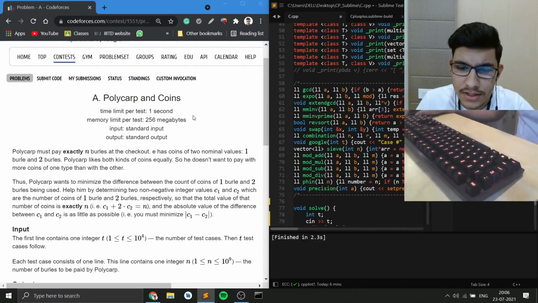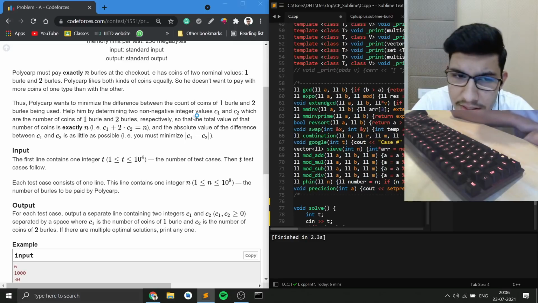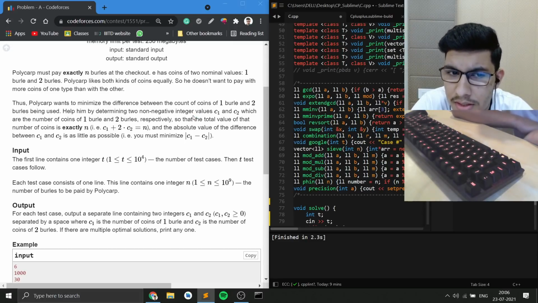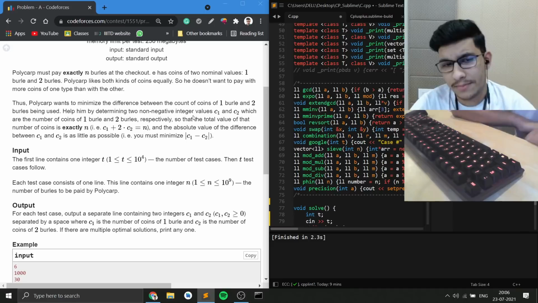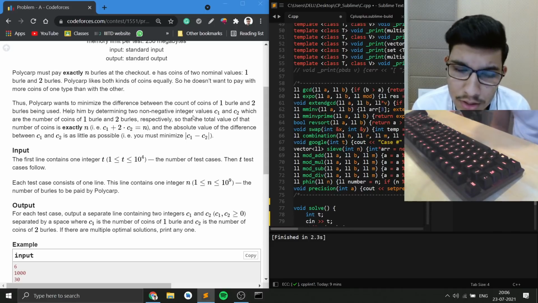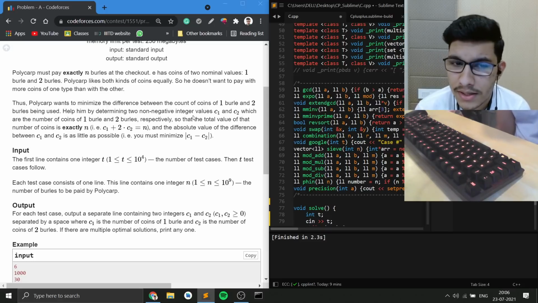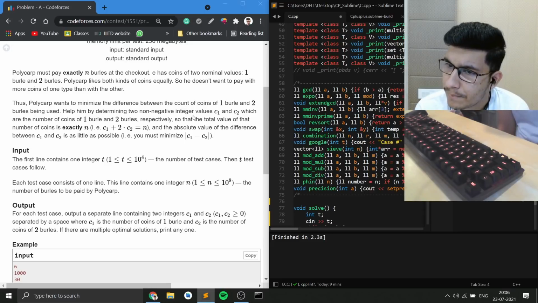So let's say the difference between them is x. If c1 is greater than c2 by x, then c1 equals c2 plus x. So the whole sum will be 2c2 plus c2 plus x, that will be 3c2 plus x. Now we need to minimize this x.